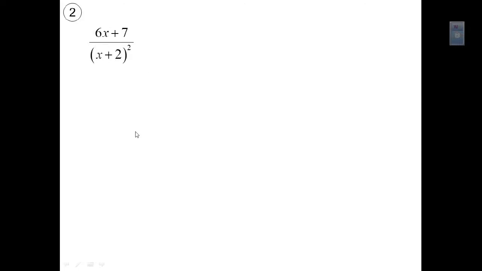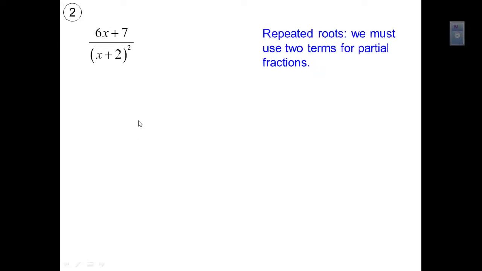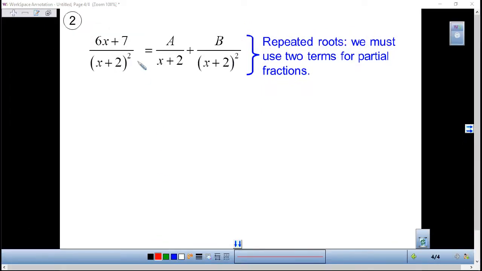So the way you're going to set this up is you're going to start off with a over x plus 2 plus b over x plus 2 quantity squared. Now, this would be true no matter how far up you went. Let's say, for instance, that instead of 2, this was 4.